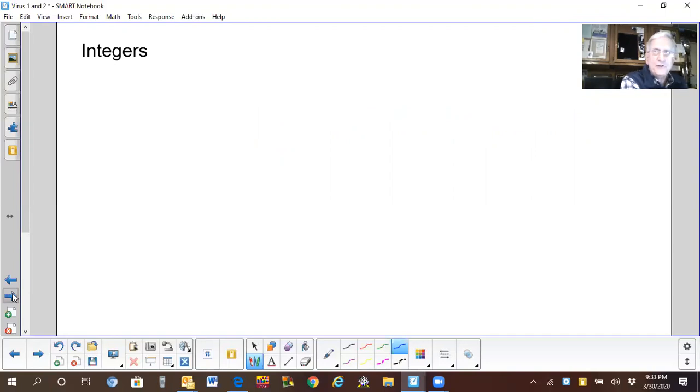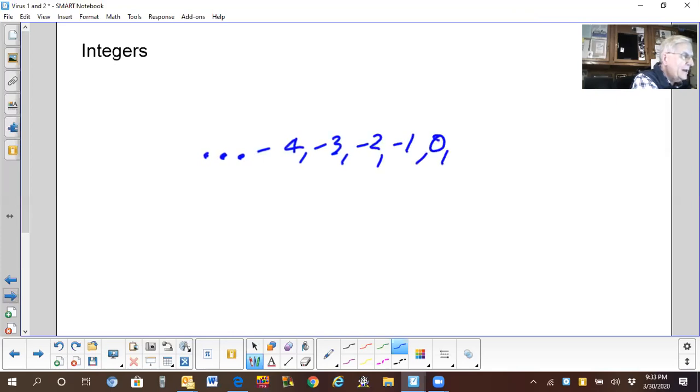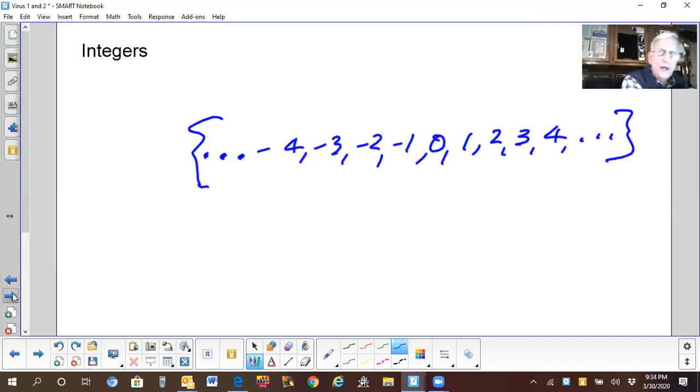Now, as a kid, we are used to writing the set of integers this way: you would come in from negative infinity, go out towards positive infinity, and use the dot, dot, dot notation. Well, you know that I have suggested to you that we don't have to write the numbers this way.